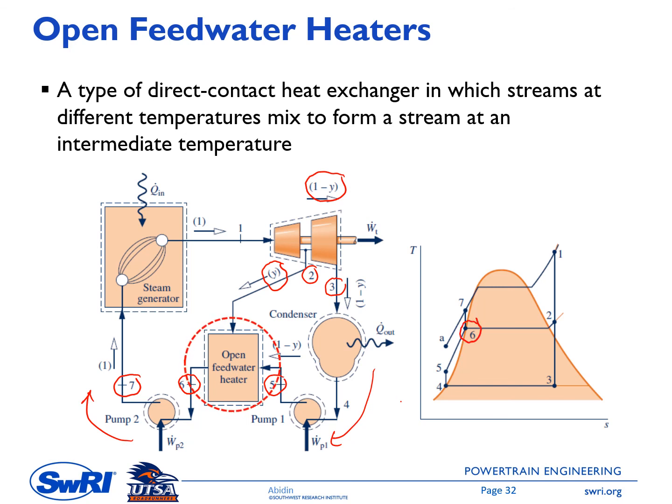So there will be a control there to adjust the mass flow at points 2 and 5, as well as other parameters, to make sure that at the exit of the open feed water heater, the state is saturated liquid.